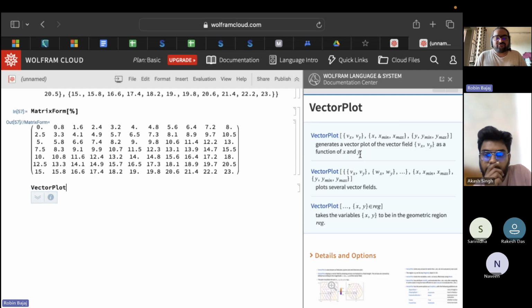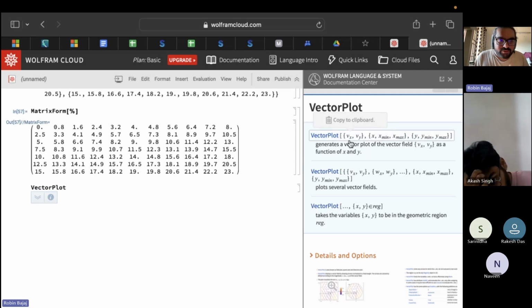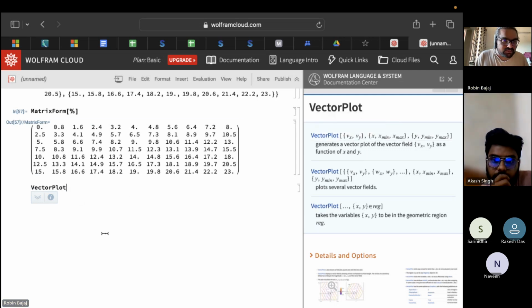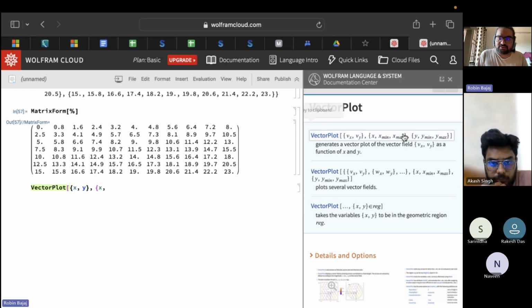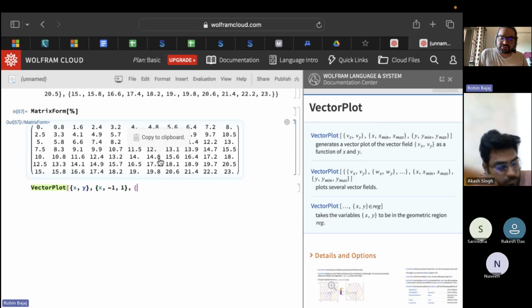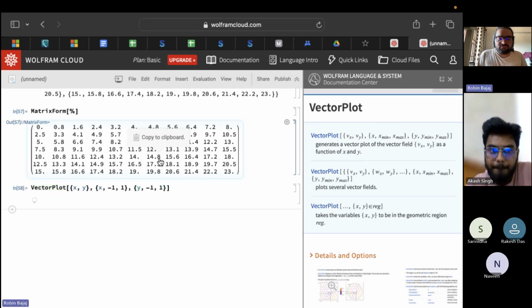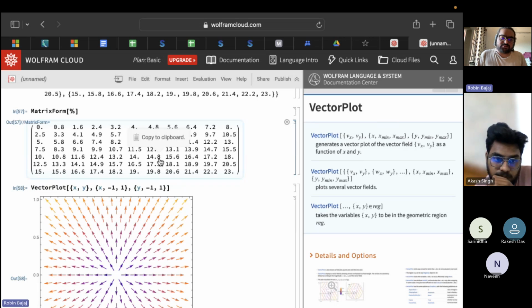For example, if you want a vector plot of the function xi plus yj, your Vx would be x, Vy would be y, then x from -1 to 1, and y from -1 to 1. It will give me the vector plot of xi plus yj.